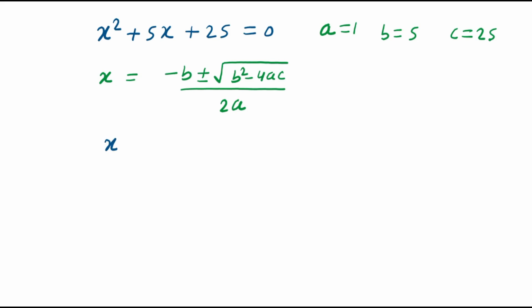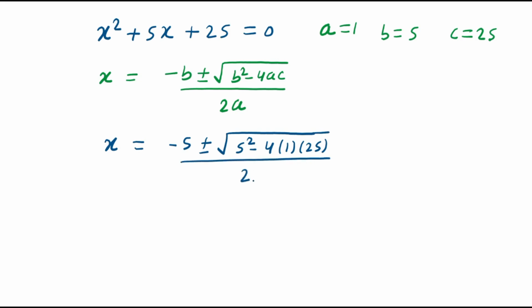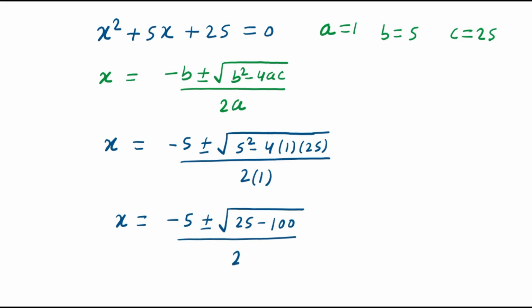Then x is equal to minus 5 plus minus square root of 5 square minus 4 times 1 times 25, divided by 2 times 1. x is equal to minus 5 plus minus square root of 5 square is 25 minus 4 times 25 is 100, divided by 2 times 1 is 2.